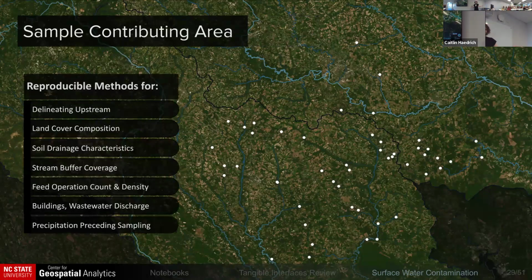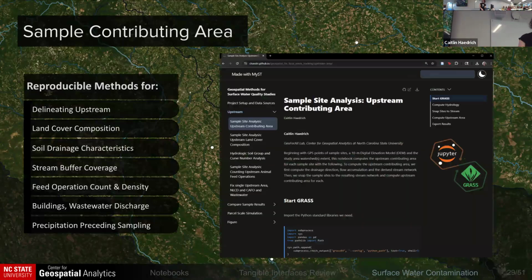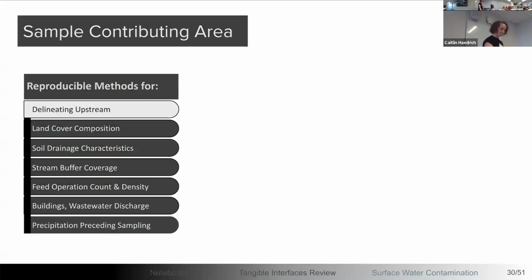And so one of my contributions to the project was to create reproducible methods for characterizing the environment upstream of each of these sample sites. For all of these attributes, I created a series of notebooks so that other people could reproduce this, and as they gather more sample sites, they could run the analyses over again and get the same environmental contextual data, and that might help in the interpretation and understanding of their sampling results.